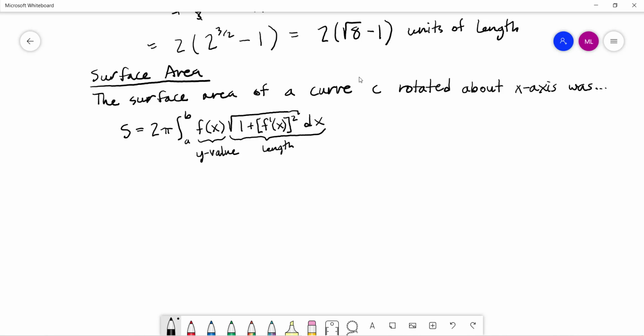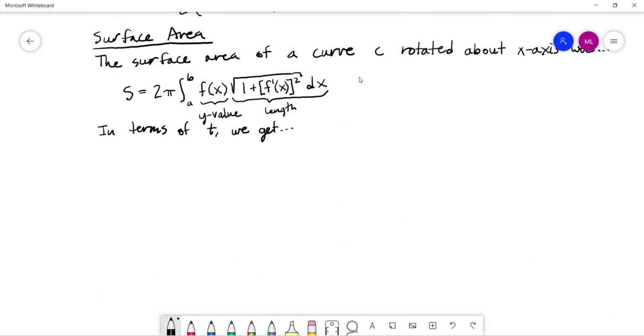So I need to convert everything to be in terms of t. So in terms of t, this same formula S, we're still going to have the 2 pi, that hasn't changed. Our bounds of integration are now, instead of between the x position a and b, going to go between time equals alpha and time equals beta, with the same definitions we used before for those two values of time. And it's simply going to be the y value, so y of t, y is a function of t.